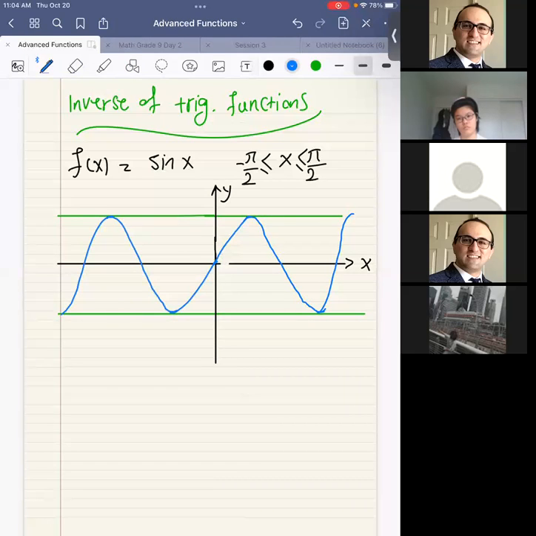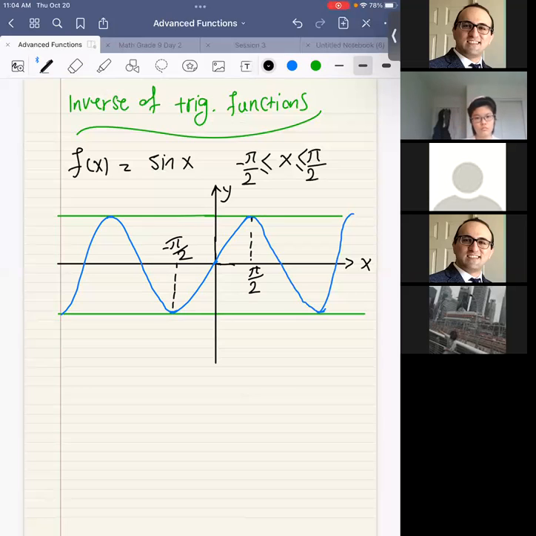and we restrict the domain between pi half and negative pi half. So on this domain, what is the point pi half? Pi half is this point. And negative pi half, of course, is here. So these are the maximum and minimum points respectively.